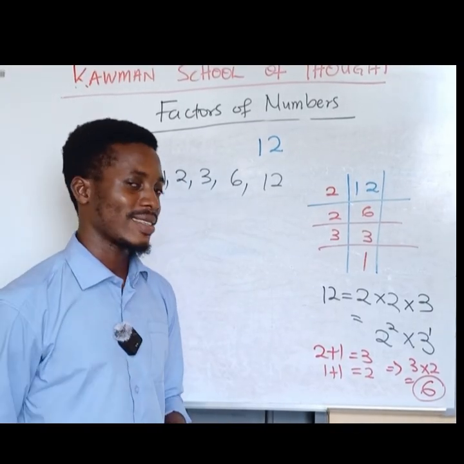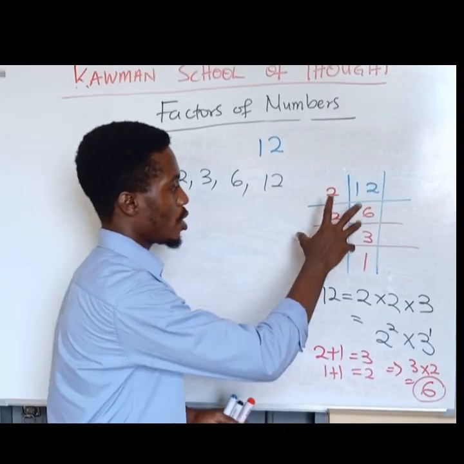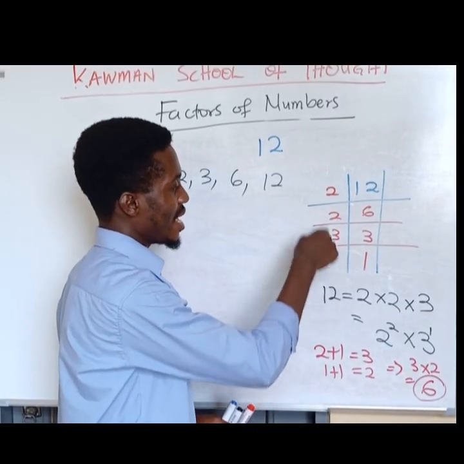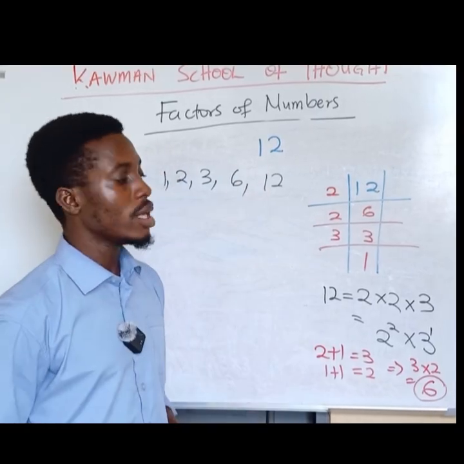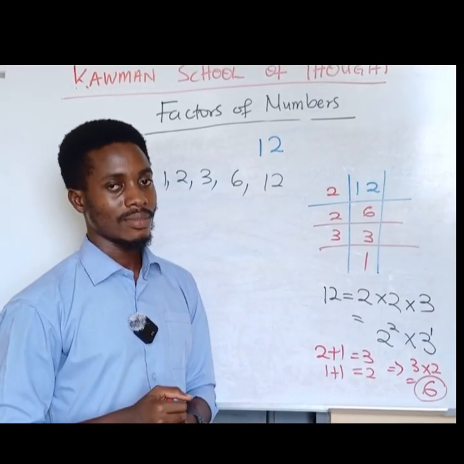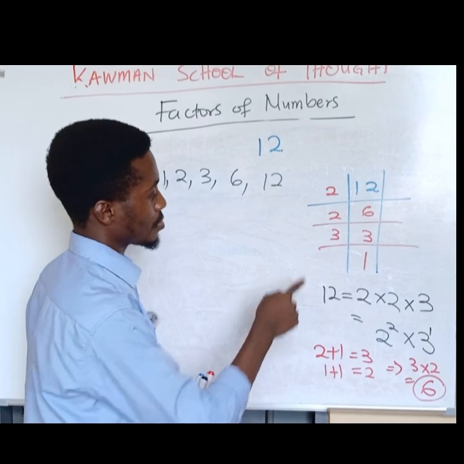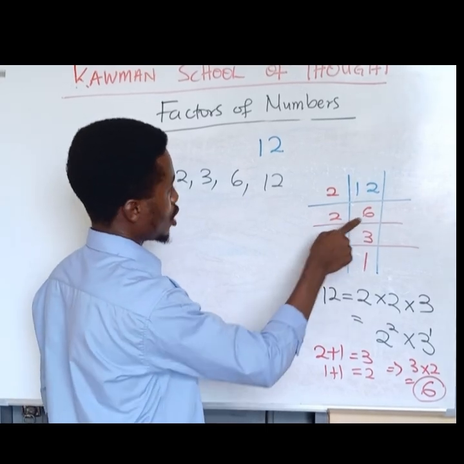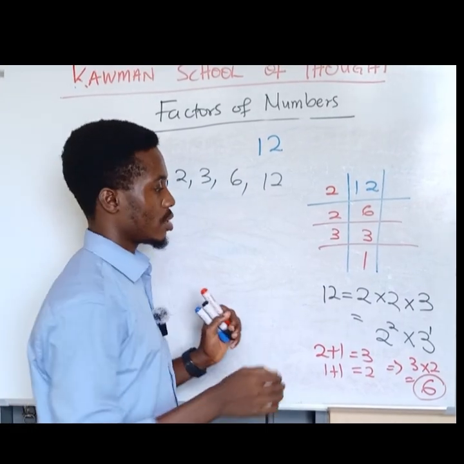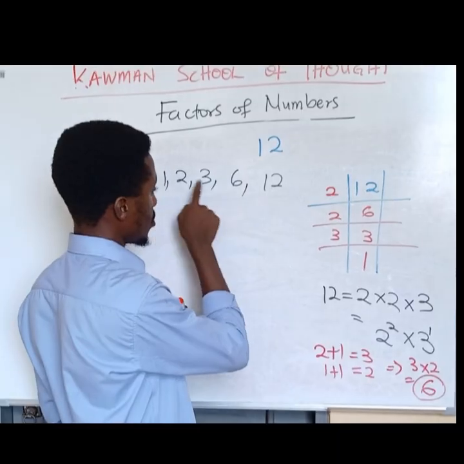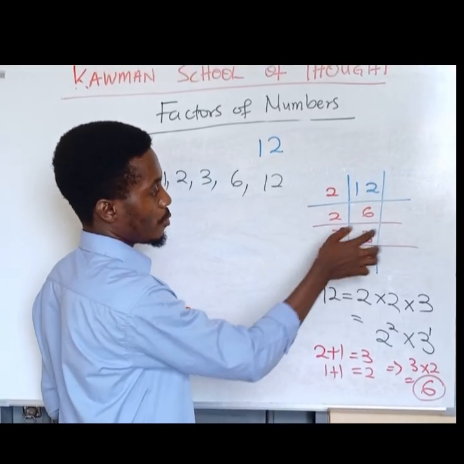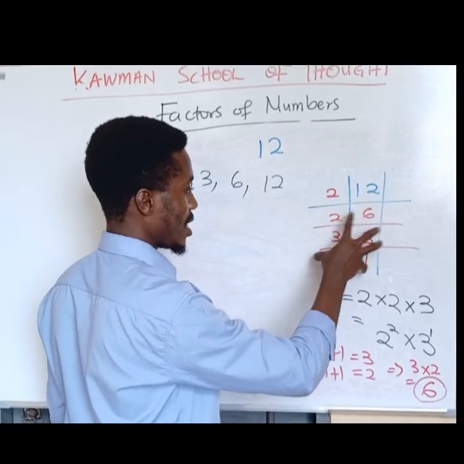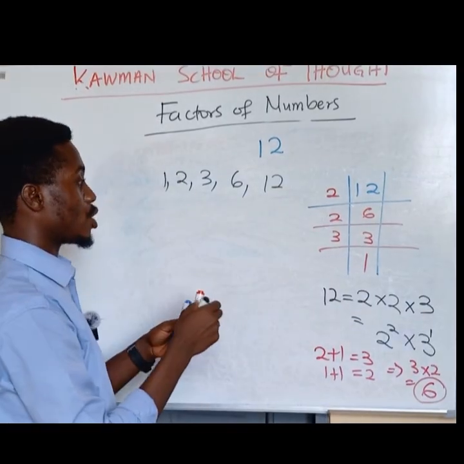Easy, relax. After you are done, multiply any of the prime factors you see here, and you're going to get the answer. You don't believe it? Okay. 2 times 3 is 6, it's already here, so you don't need to write it. 1 times 3 is already here, 3. But 2 times 2 is 4, and 4 is not in here, so the last number left is 4.